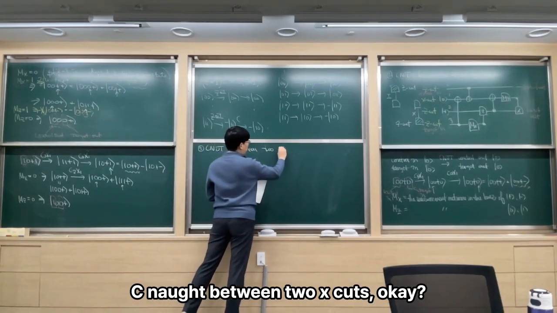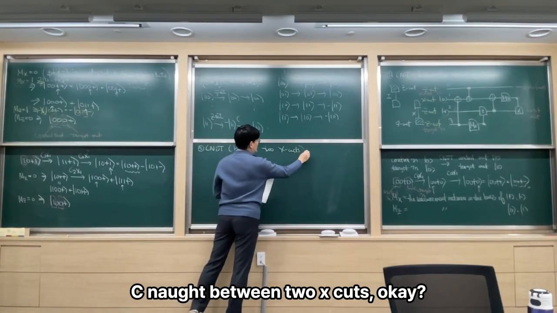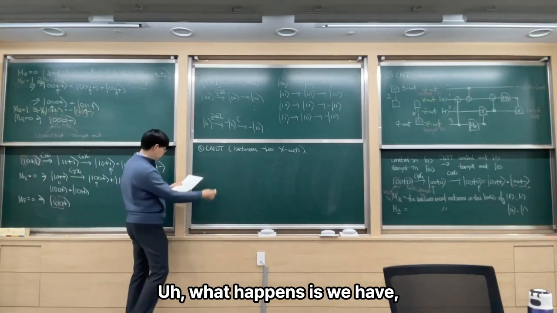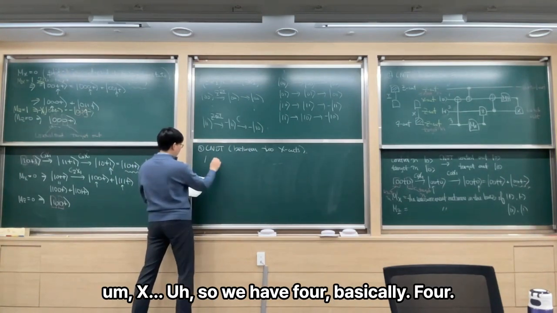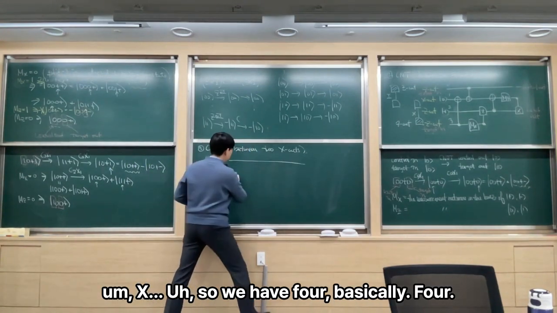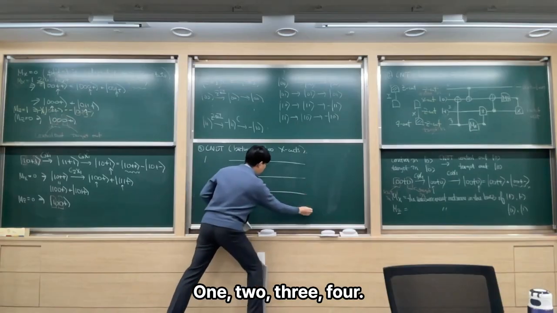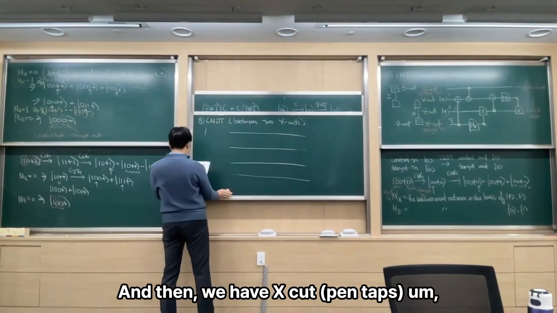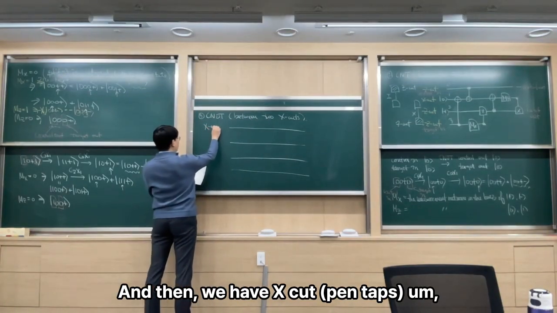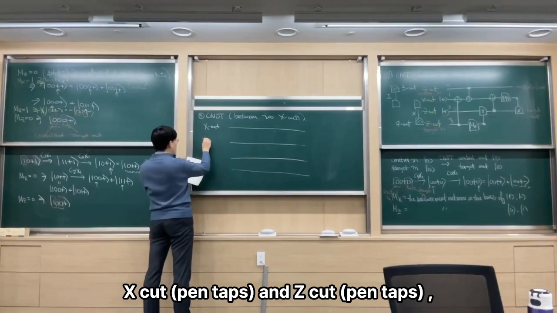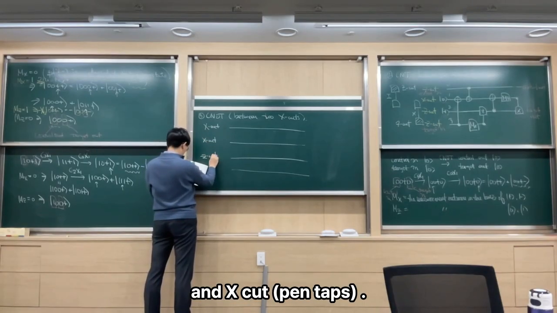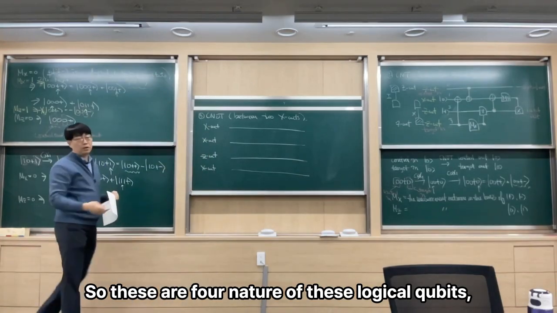two X-cuts. Okay. What happens is we have basically 4, 1, 2, 3, 4, and then we have X-cut, X-cut, and Z-cut, and X-cut. So these are the 4 natures of these logical qubits.